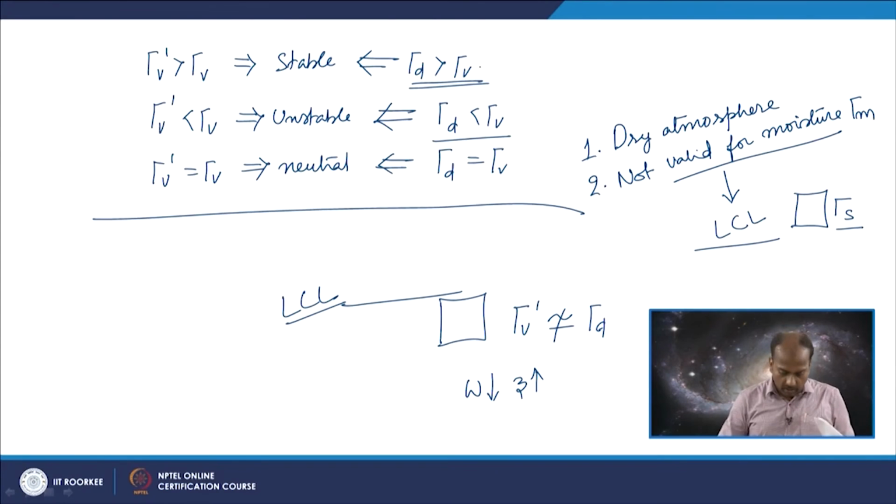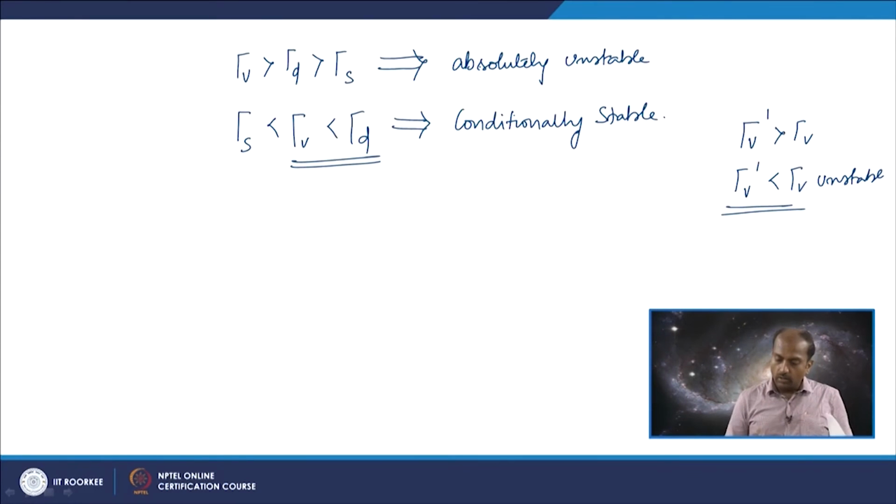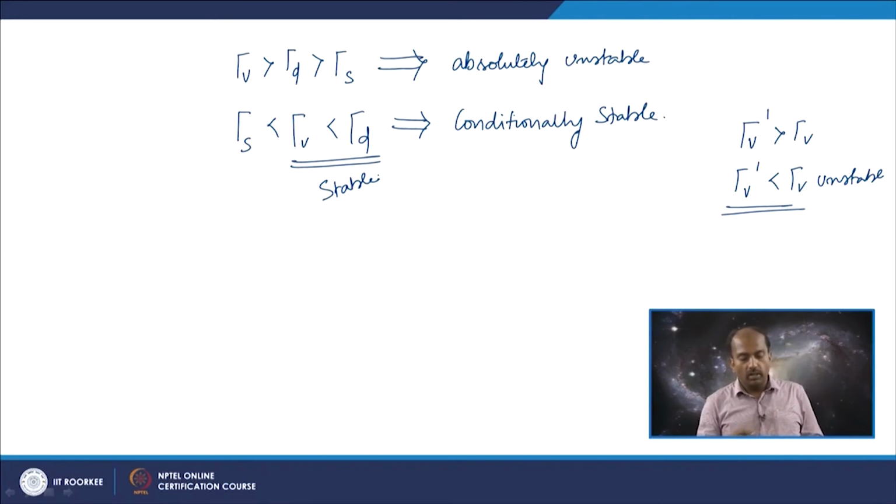This was stable for an unsaturated parcel. If you have an air parcel such that its lapse rate is less than the virtual lapse rate, then it is stable.